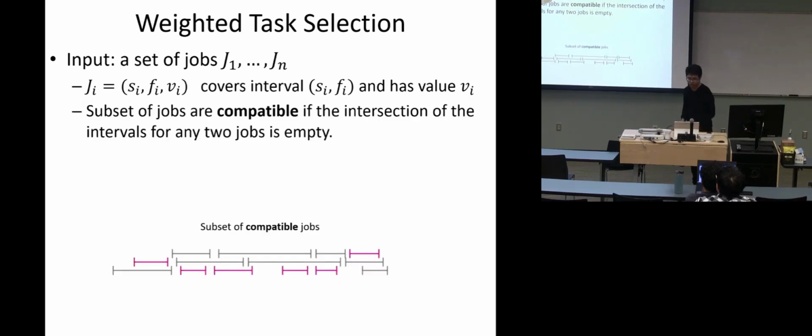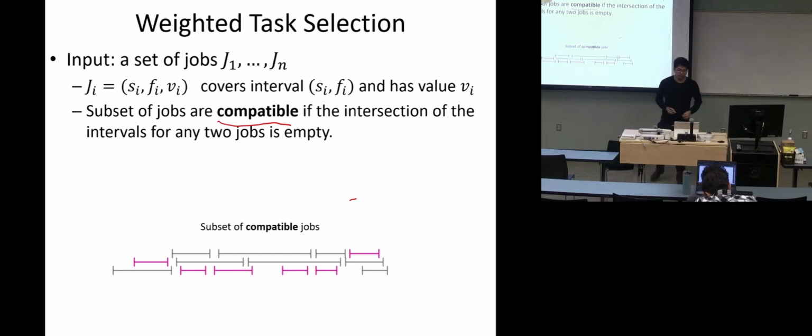We say that a set of jobs is compatible if they don't overlap. This set of jobs, for example, doesn't overlap, so that's good.